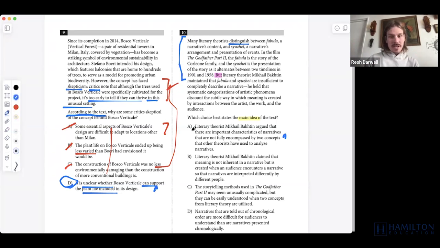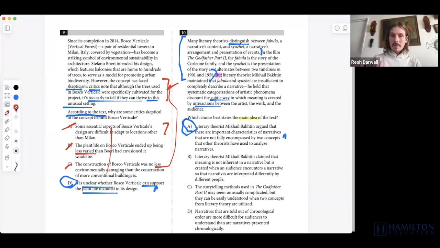So answer choice A just basically says what I just said, but maybe even more succinctly, right? There are important characteristics of narratives, subtlety, interactions that are not encompassed fully by the two concepts that other theorists use to analyze narratives, right? This, by the way, is just an example. This isn't super important.